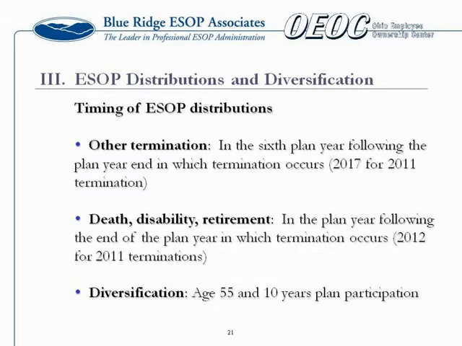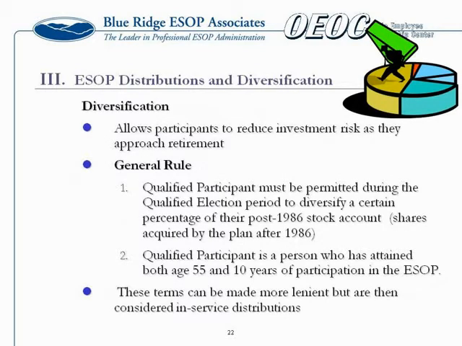Diversification allows a participant to take out some of their stock and reduce their investment risk as they start to approach retirement. It's giving the participants that are highly vested in shares the chance to diversify and move their funds.